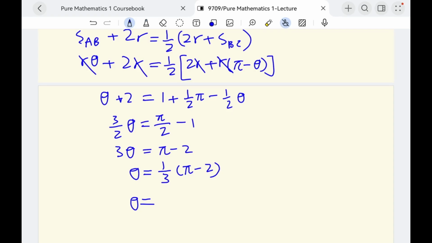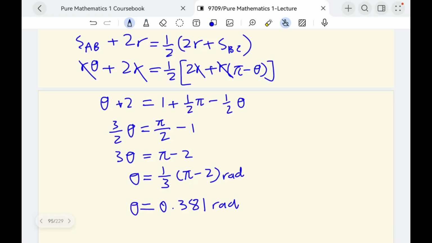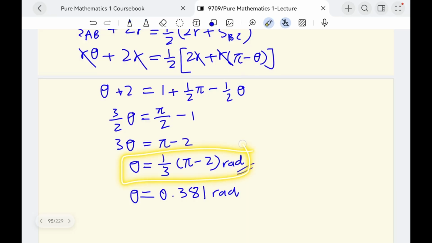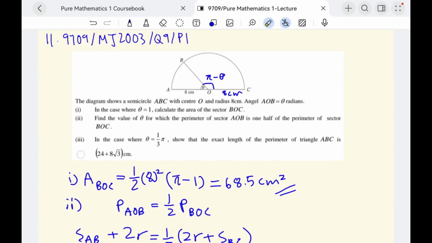If you convert to decimal form, you will get 0.381 rad. It is best for you to include the angle units, perimeter, and area, to provide clear details of your workings for the examiners. It is highly recommended. For me, I prefer to leave it in the exact form to maintain its accuracy.